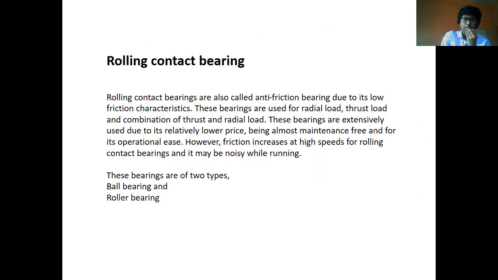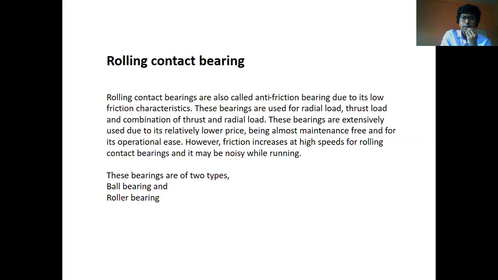Okay, so if we talk about rolling contact bearing, they are also called anti-friction bearing. In the next class we will discuss another topic, that is sliding contact bearing. In today's class we will discuss rolling contact bearing.